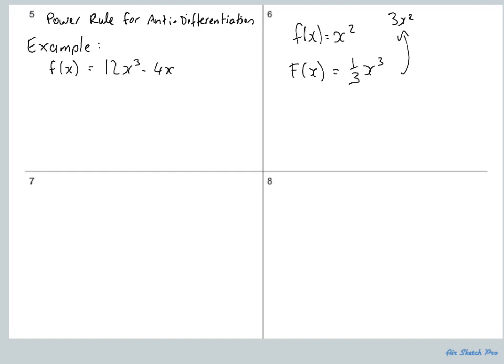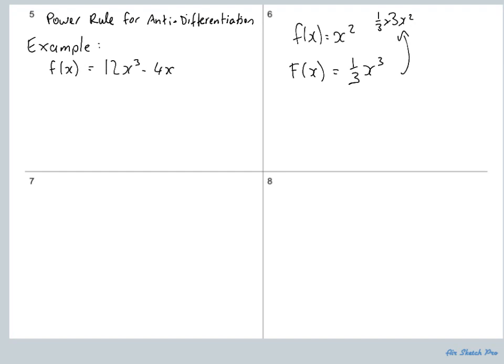So that when I bring the 3 down, it would cancel out with the third, leaving me with a coefficient of 1. Intuitively, I'm hoping that makes sense: we look at the power it needs to be, and we have to multiply the term by 1 over that power.